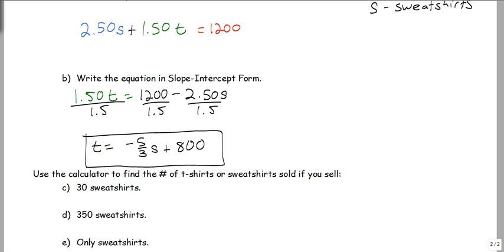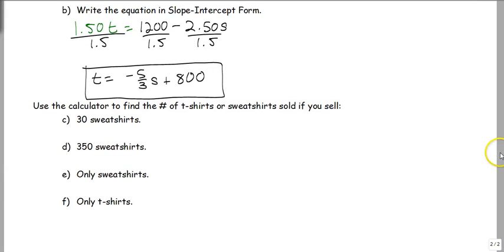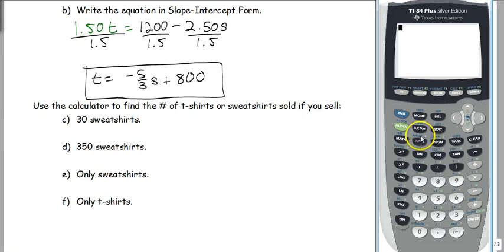So now we can just use our calculator to find the number of t-shirts or sweatshirts sold if you sell blank. Okay. Now, this you can kind of just use your function notation. We started that before. If we look here and we do y equals, and I plug in this function, negative 5/3 x, because S is representing x here, plus 800.